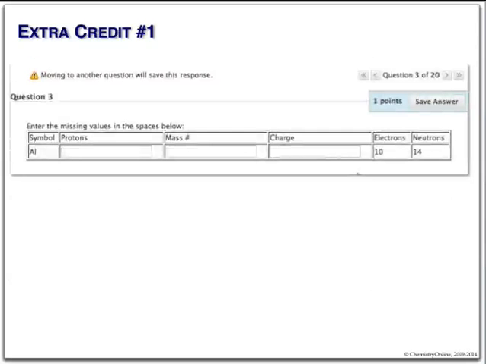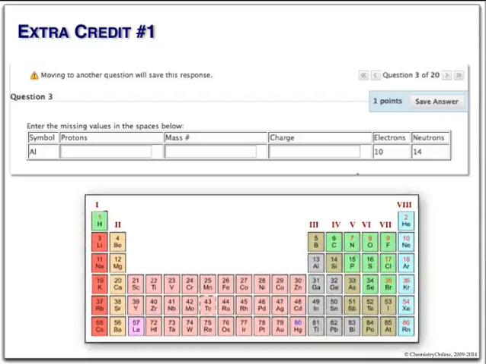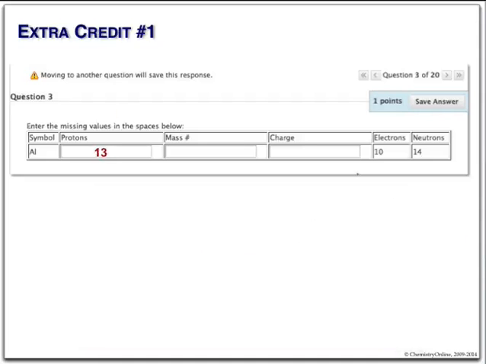Another one like this is aluminum. We are given the number of electrons and the number of neutrons. Aluminum is going to be right here in group 3, and it has an atomic number of 13. So that means it's going to have 13 protons. If it has 13 protons and 14 neutrons, its mass number is going to be 27.